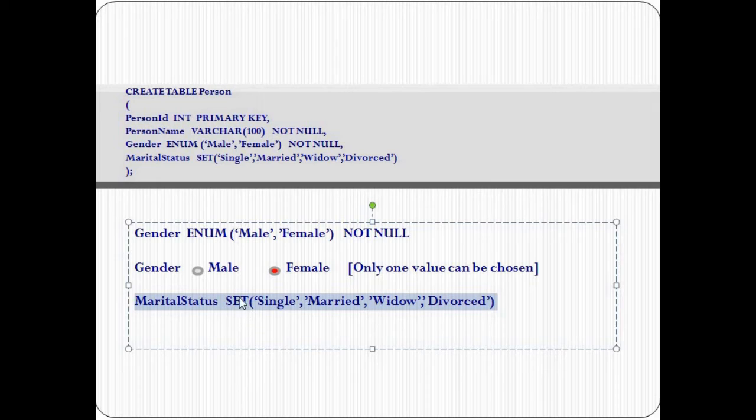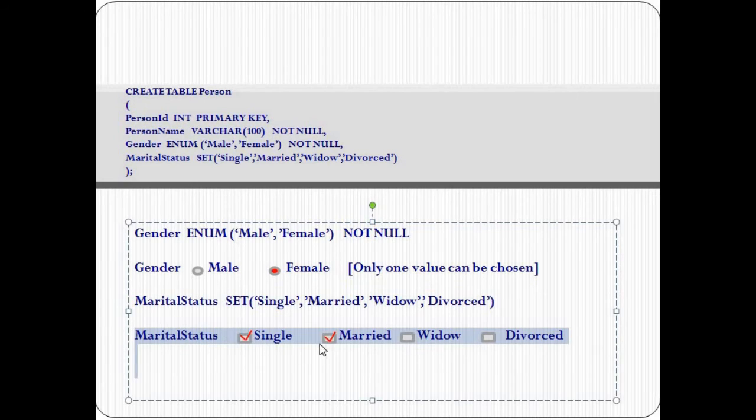Now if I choose the set constraint with the domain single, married, widow and divorced to be imposed on the column marital status, then I can choose multiple values out of single, married, widow and divorced for our column named marital status. In this case, I have chosen two values, that is single and married, for the column named marital status. So now I guess you understood the difference between the enum constraint and the set constraint.